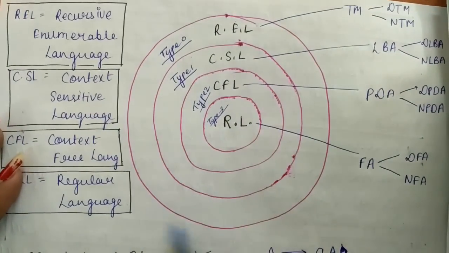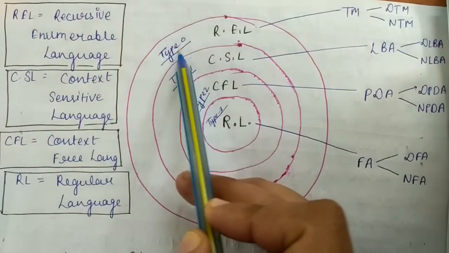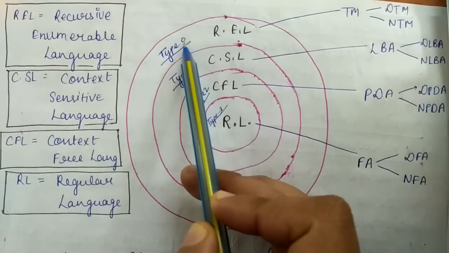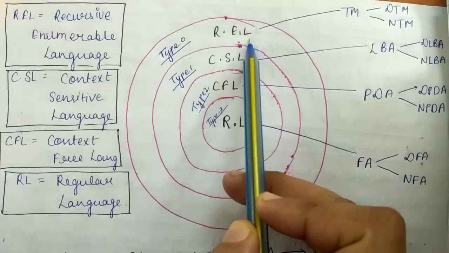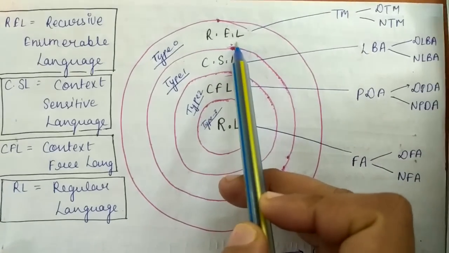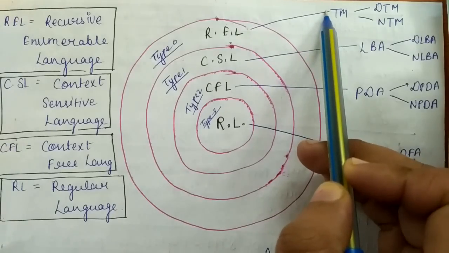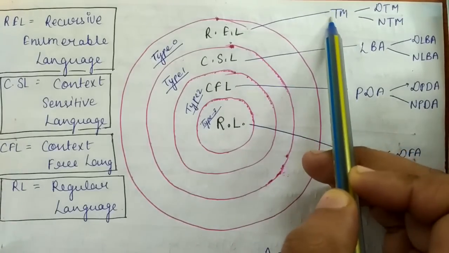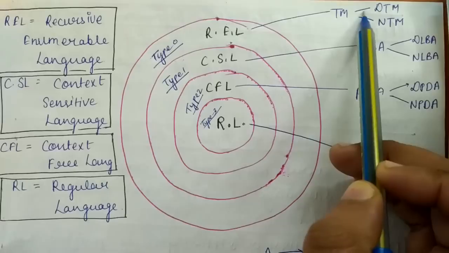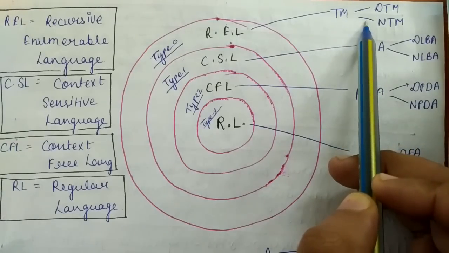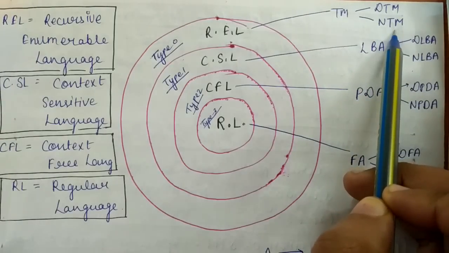Now if you see this, for type 0 we always have recursive enumerable language, and for this kind of language we design a machine named Turing machine. TM means Turing machine. Turing machine can be classified into two types: deterministic Turing machine and non-deterministic Turing machine.